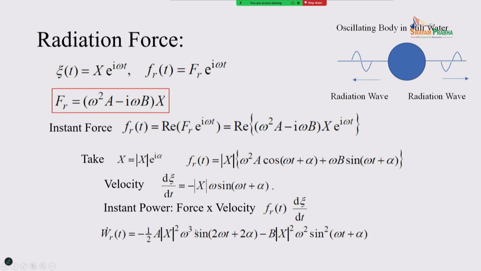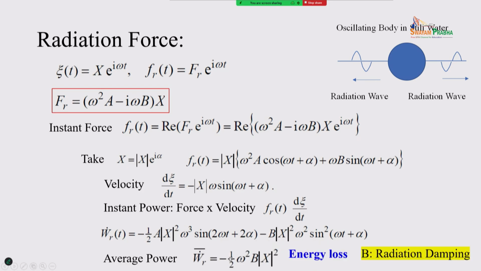You take the average over one period, and the oscillating term averages out, leaving the sine squared term. You will find the average power is proportional to x squared and proportional to ω squared. So in one cycle, there is energy loss.